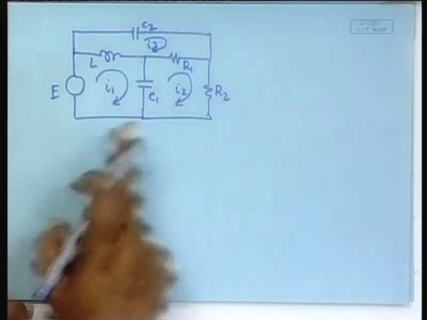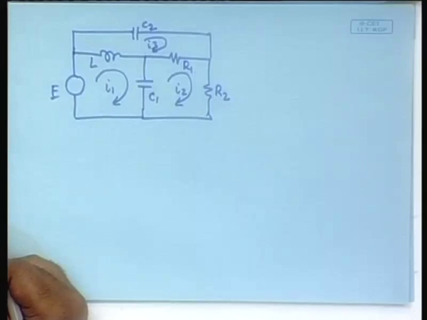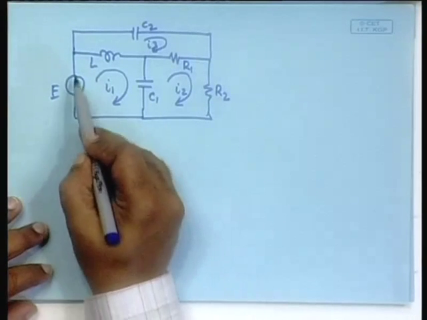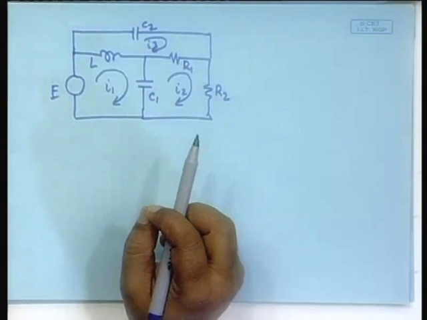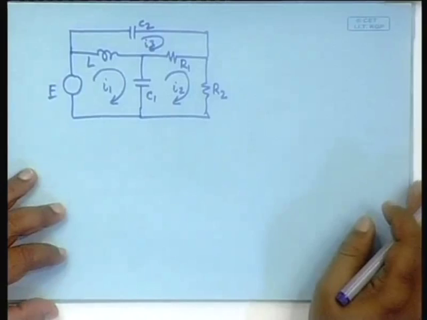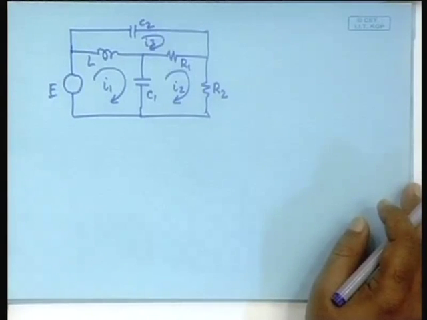Quickly write the mesh current equations. Remember, you have to go around the loops and you have to keep track of the positives and negatives. That is the most common mistake that people make.